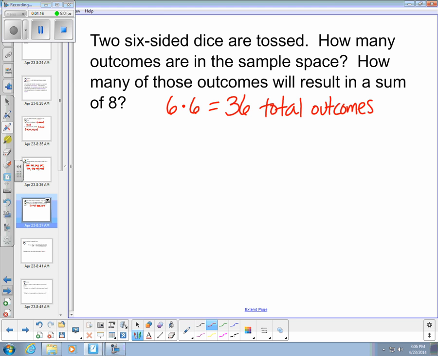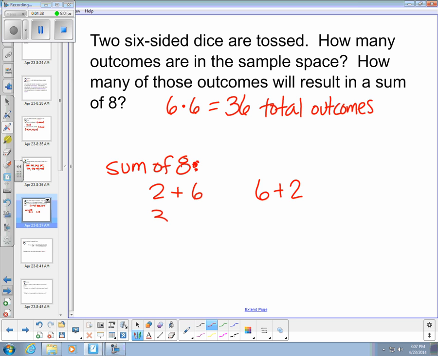Okay, the second part of this says how many of those outcomes will result in a sum of 8. Well, let's just list the ones that will give us a sum of 8. So I could get a 2 on the first die and a 6 on the second, so 2 plus 6 is 8. Or in the reverse, I could get a 6 on the first one and a 2 on the second. So that's 2 different outcomes.